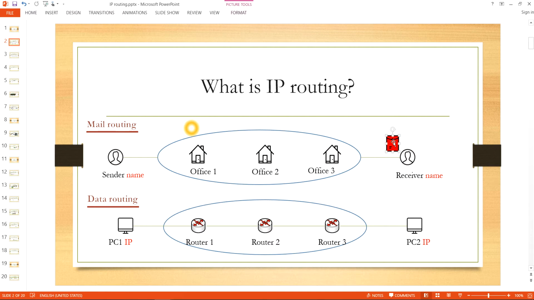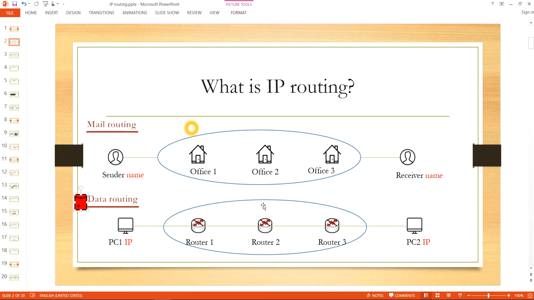This is the same concept as IP routing. On the lower portion of the diagram we have data routing. So we replace mail with data communication and ICT networking. Of course, we don't have senders or letters, we have PCs or computers. This computer wants to communicate with another computer, PC2 on the right side, or sometimes he wants to access some service on a server around here.